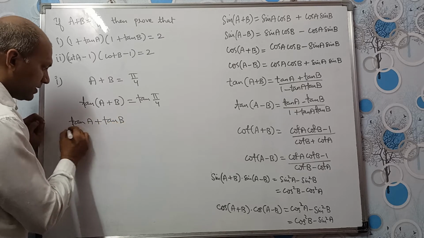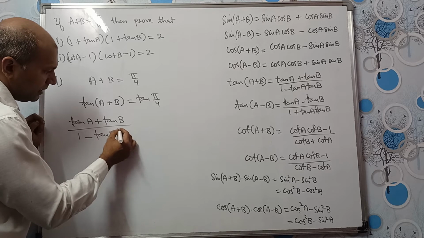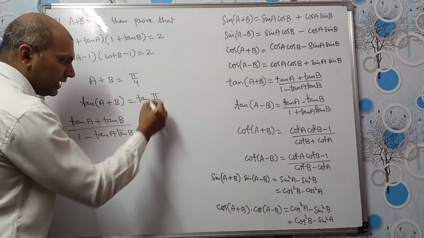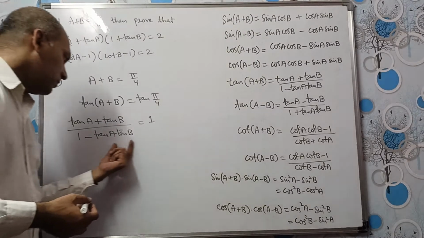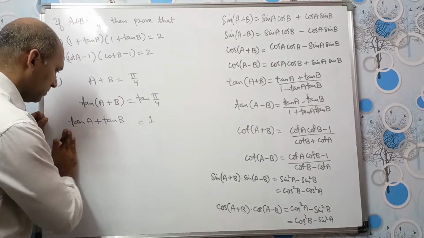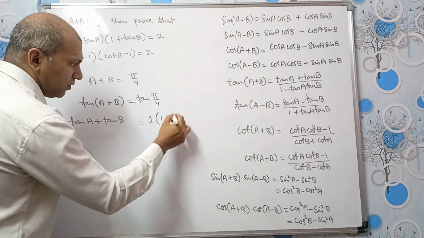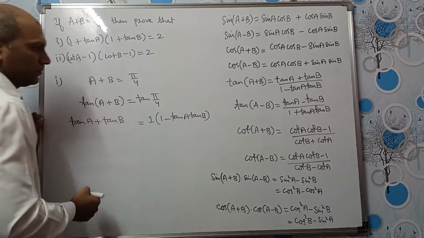Tan a plus tan b divided by 1 minus tan a tan b is equal to tan 45 degrees, which is 1, right? So this 1 minus tan a tan b goes on the other side. What will it become? It will become 1 into 1 minus tan a tan b.